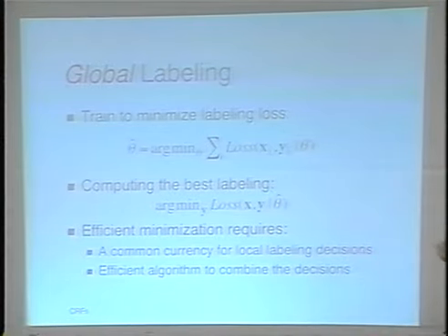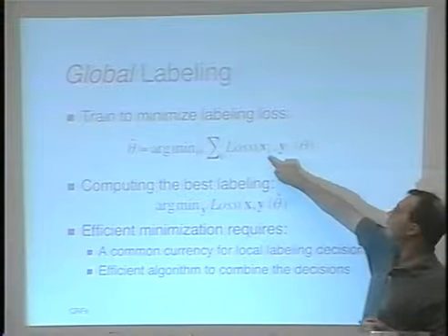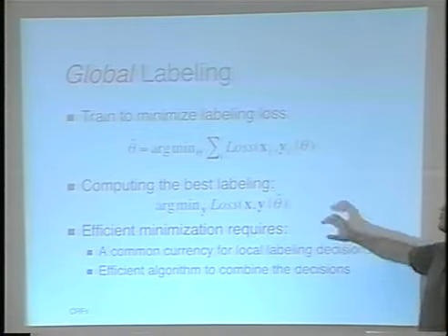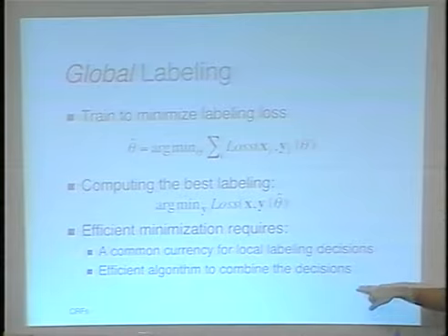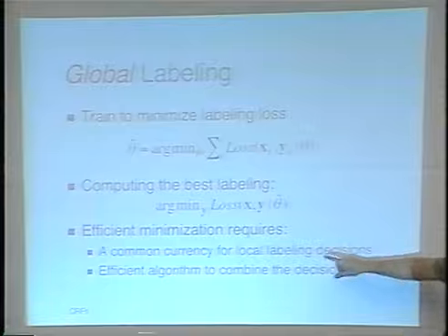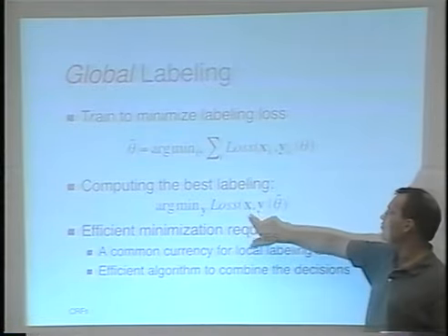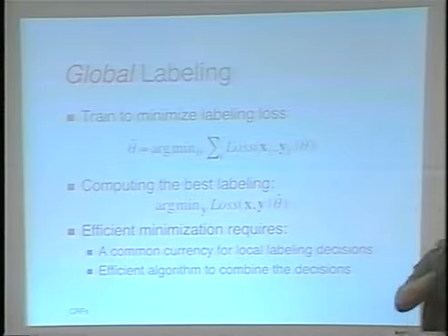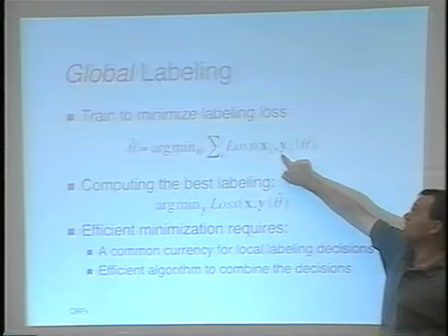So you need some common currency, some common scoring mechanism, to combine the judgments about the different parts of the sequence into a judgment for the labeling of the whole sequence. So you need this common currency. The other thing you need is some efficient algorithm to combine the decisions, some way of combining the individual decisions associated to different parts of the sequence into an entire set of decisions that represents the whole labeling they're going to construct.